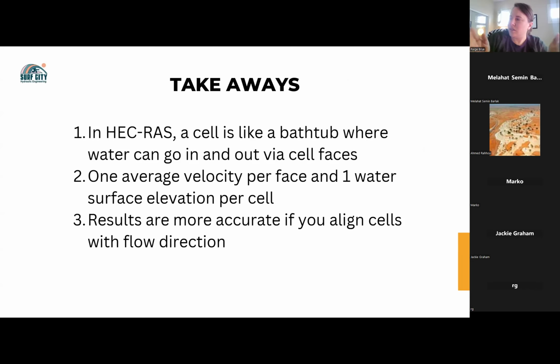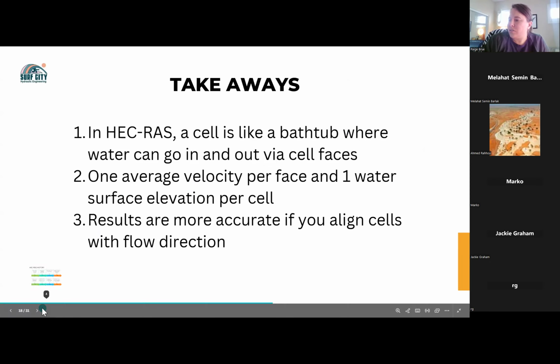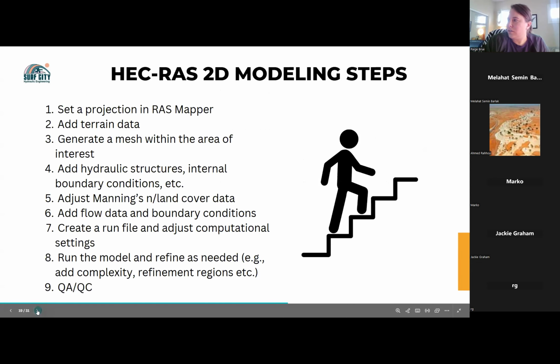That's kind of like the boundary of the bathtub. So 1 average velocity per cell face, 1 water surface per cell. And then, of course, the results are more accurate if you align your cells with flow direction, which you can do using things like break lines, and I'll talk about that later.